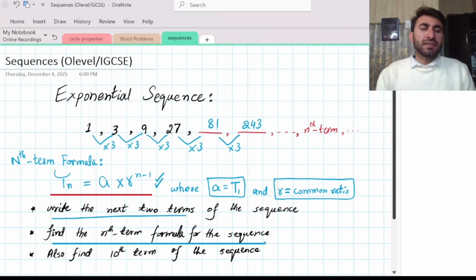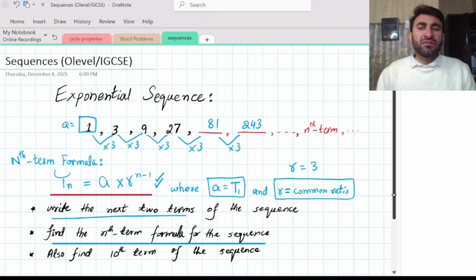As we know that it is an exponential sequence, the nth term formula is a multiplied by r to the power n minus 1. Here we can see that a is 1 because a was the first term of the sequence, and r was the common ratio or the number being multiplied, so r is 3.